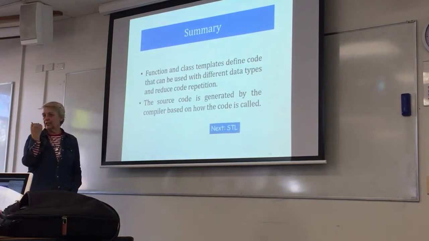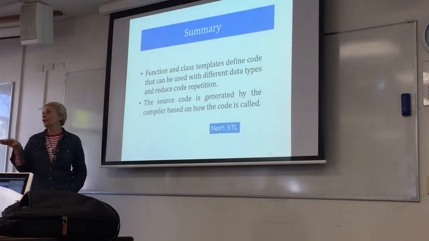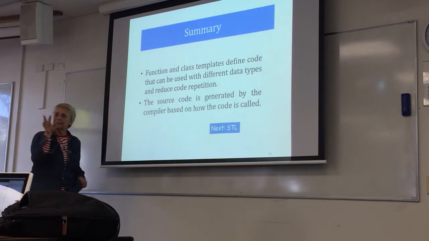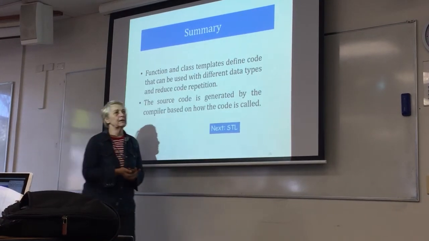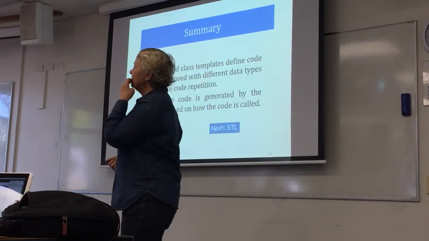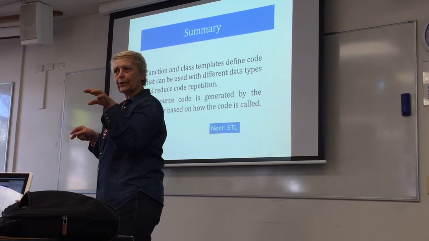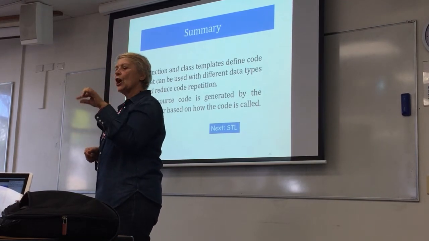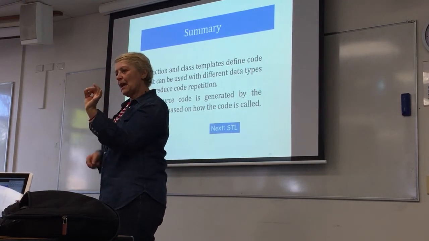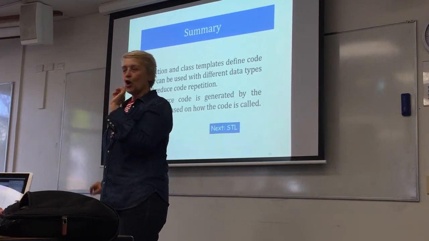Function and class templates provide polymorphism, but a different type from the one provided by inheritance, as I said at the beginning, and a different approach compared to overloading. In overloading, we have a name, and behind that name we can have different algorithms.